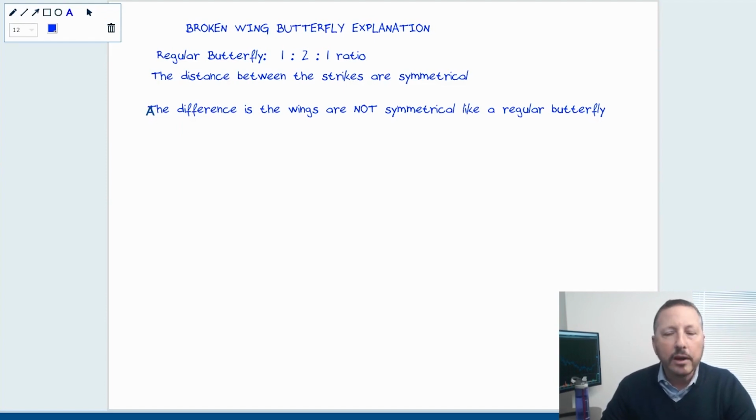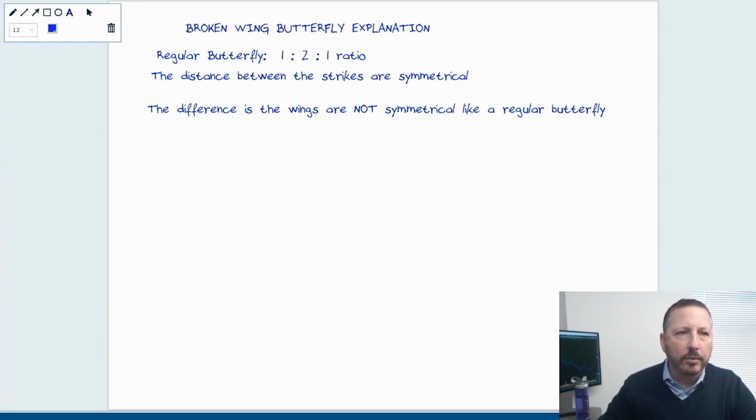But in a broken wing, what we look to do is skew the position directionally a little bit more. It could be bullish, could be bearish, but by skewing the strikes and having the long spread wider than the short spread, it gives us more delta, or more direction.